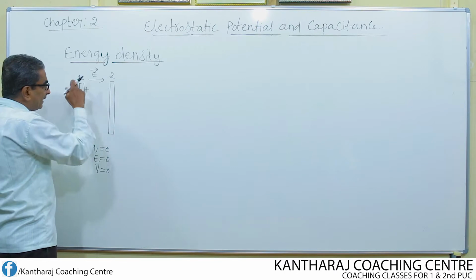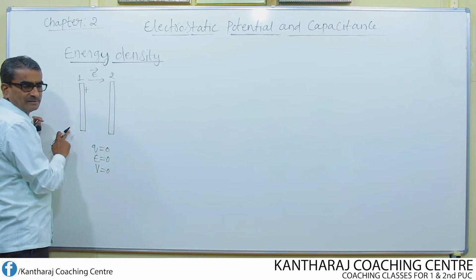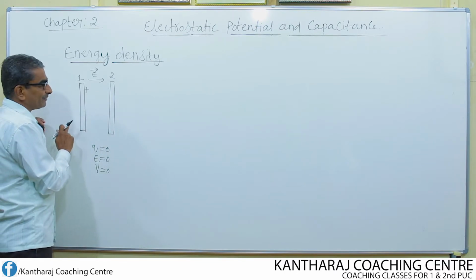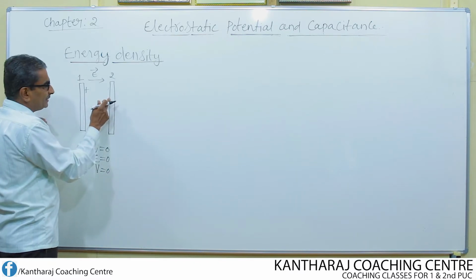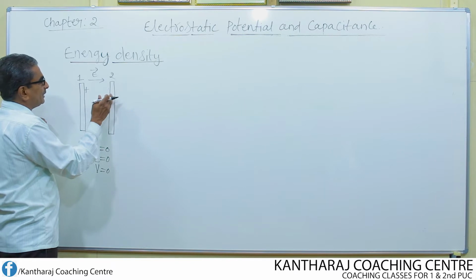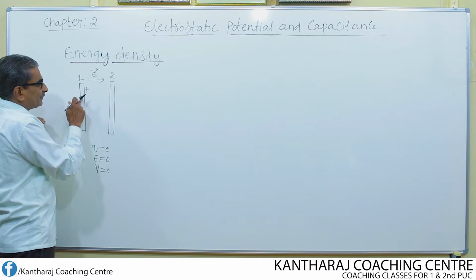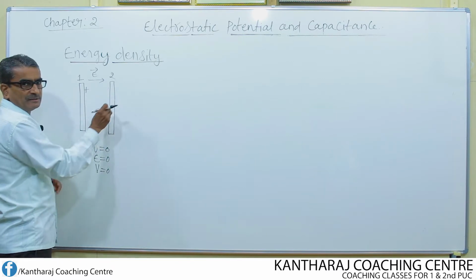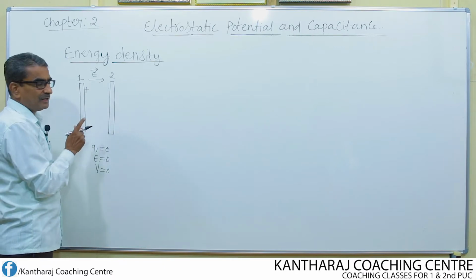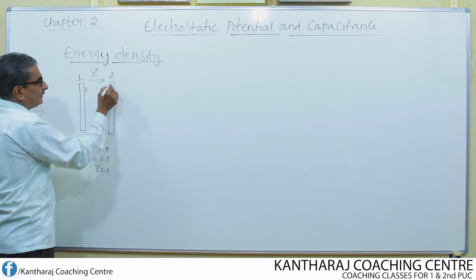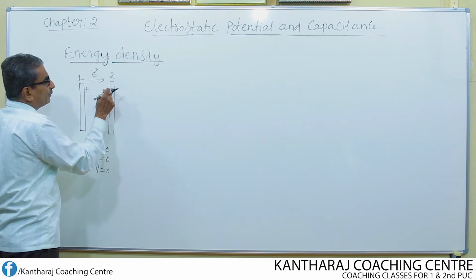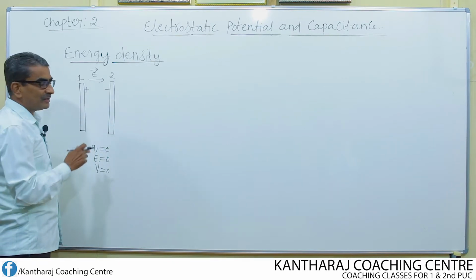So this is the direction of electric field. Now again, if I want to charge plate 1 further positively, what is the process to be followed? Again, keep shifting the positive charge from plate 2 to plate 1, bit by bit, that means in small quantities. When you transfer the first positive charge from plate 2 to plate 1, plate 2 becomes negative by losing one positive charge.